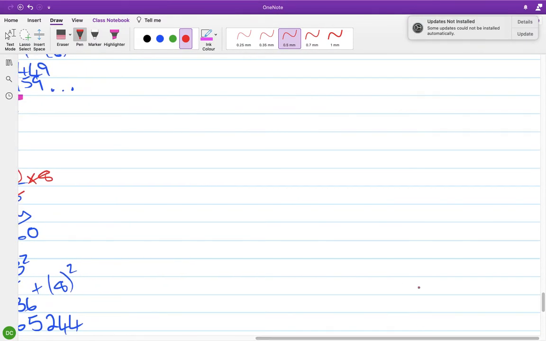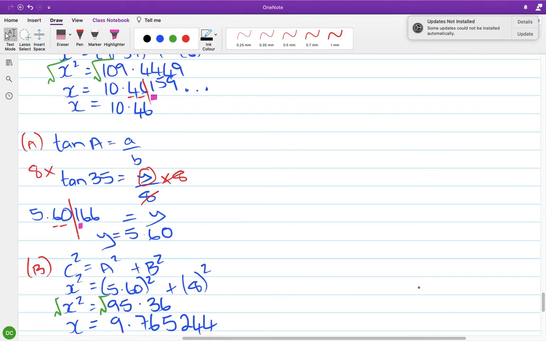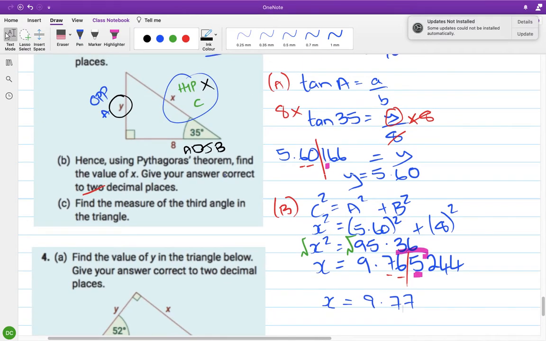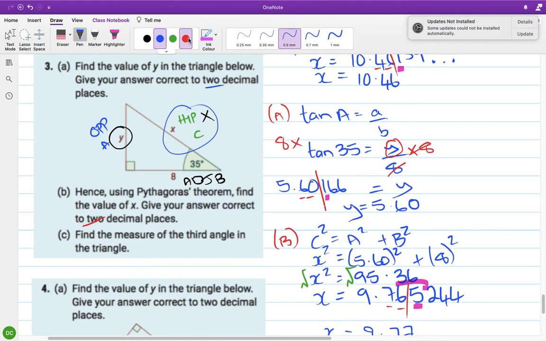So try that again. 1, 2, and stop. Is the next number big enough? Next number is a 5, so yes it is. So that will push. So we get x equals 9.77.